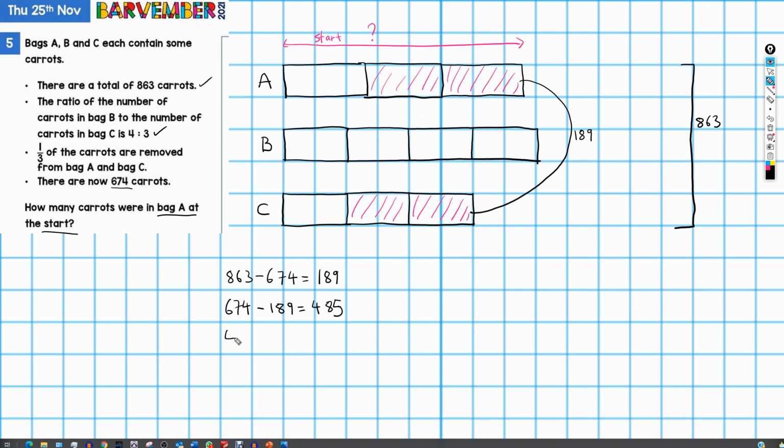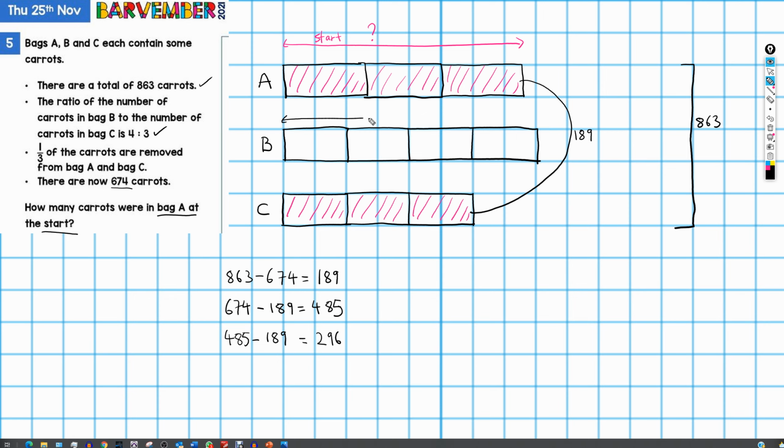So 485, if I subtract 189, let's shade them out. I'm going to take those two away. There we go. So I'm taking away that 189. That gives me 296. So by my bar model, I now have a value for these equal sized parts.